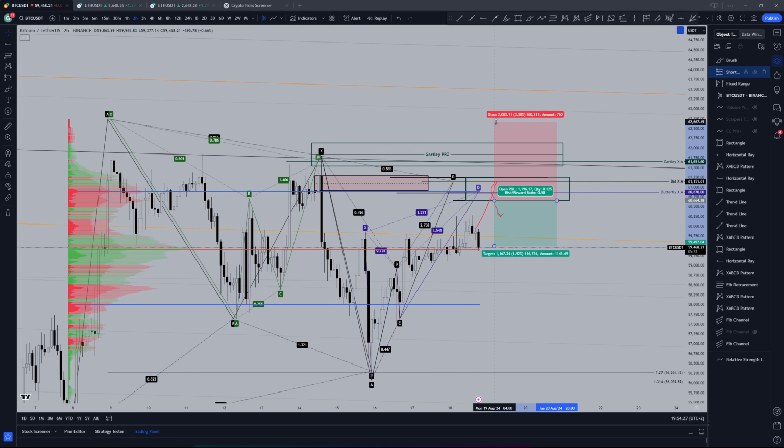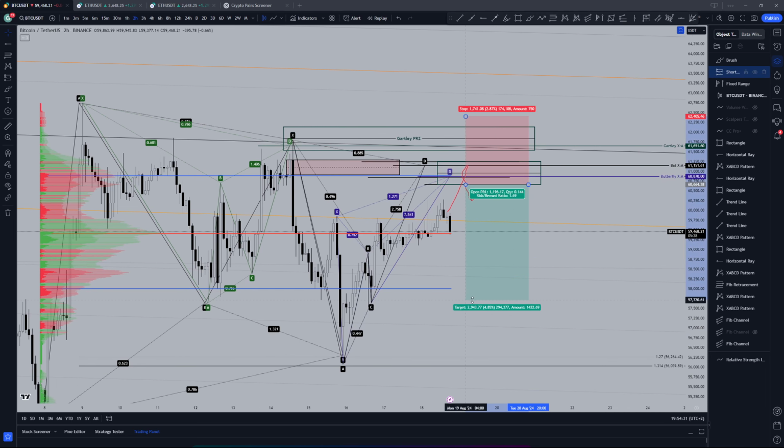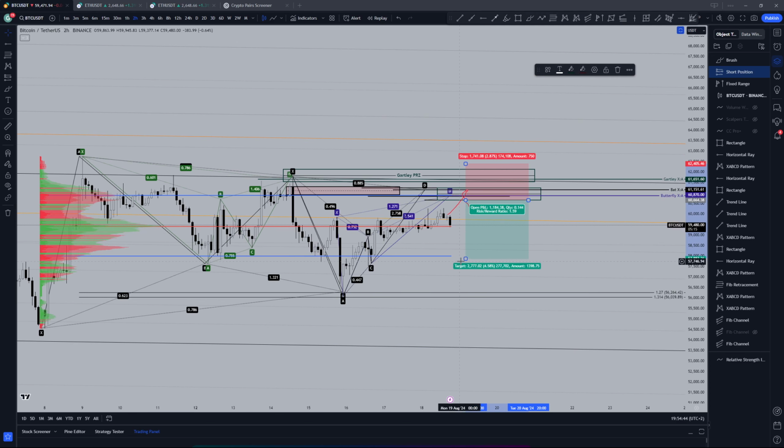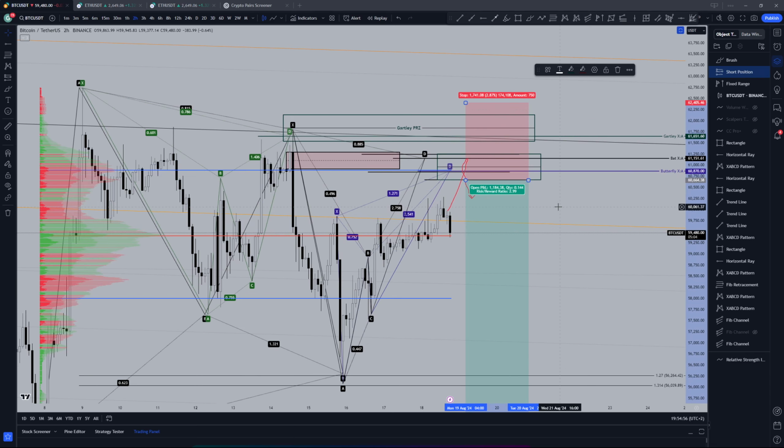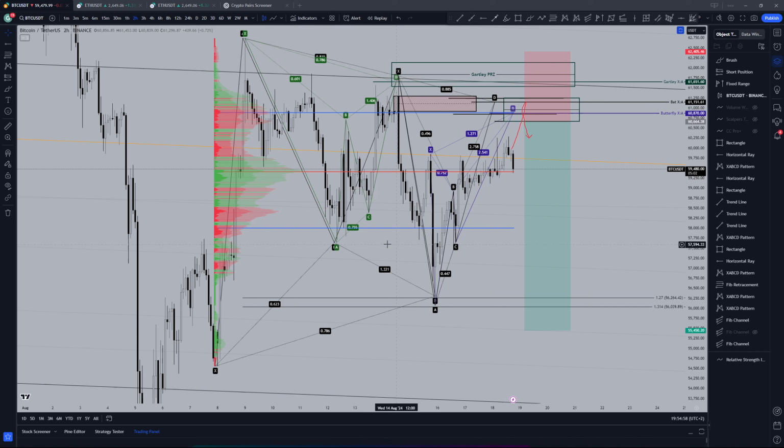You would have to place it somewhere over here, right above the PRZ, and your risk to reward ratio to your PUC would be 0.7, which isn't what you want. Or to here would be 1.5, which isn't something you want, because you would need to take this play all the way to range lows for a 4 risk to reward, and your 3 risk to reward is going to be somewhere over here on the bottom of this volume profile, which isn't all too bad, but it is something we can improve on.